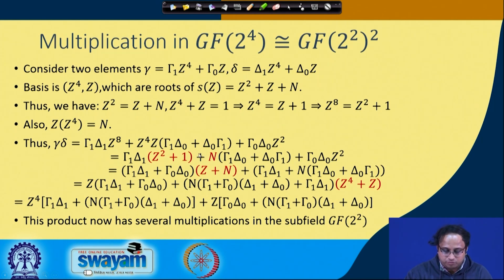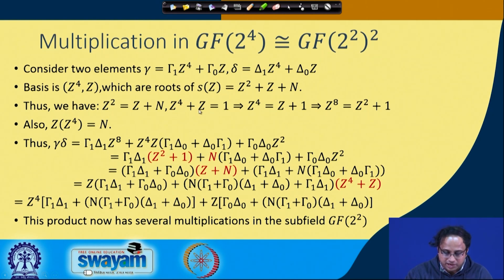Likewise, again I have to bring the result back into z power of 4 and z, which is my basis, and therefore I do a similar trick, which is I replace z square as z plus n, and I get two parts, one which has essentially z, and the other part which is a constant. But now I replace this one, because I have to write 1 as z power of 4 plus z.